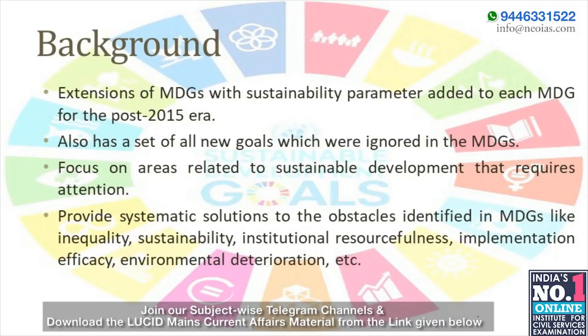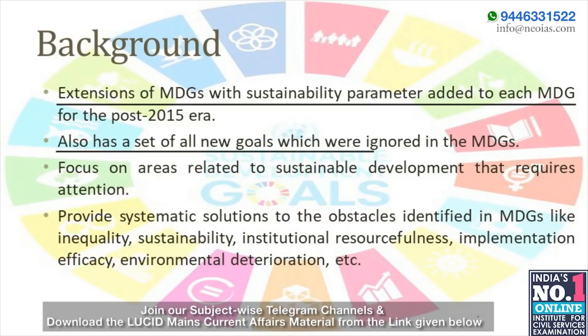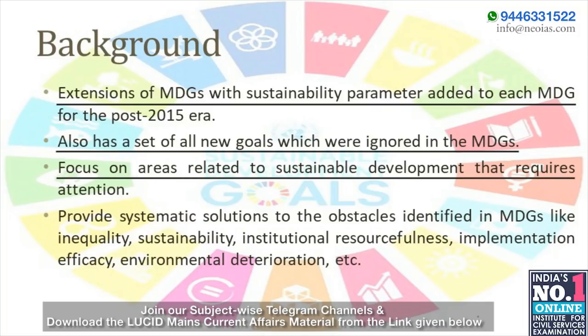The Sustainable Development Goals are usually viewed as extensions of Millennium Development Goals with a sustainability factor added to each Millennium Development Goal along with a set of all new goals which were ignored in MDGs. SDGs are a set of 17 specific goals offering special focus on important areas related to sustainable development that require urgent and extensive attention at present and in the near future.